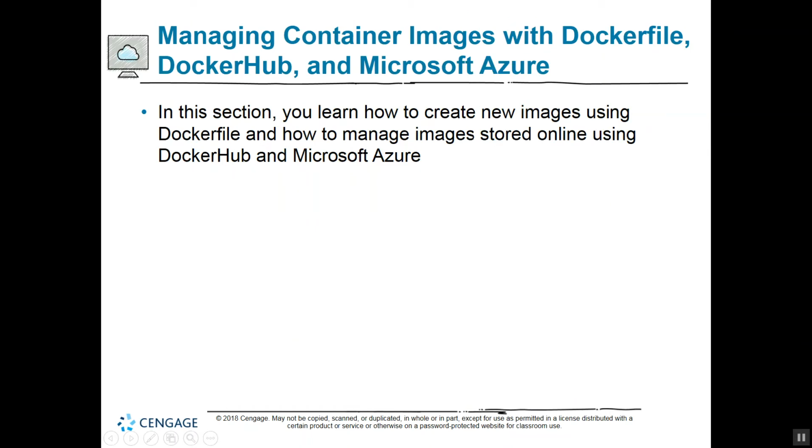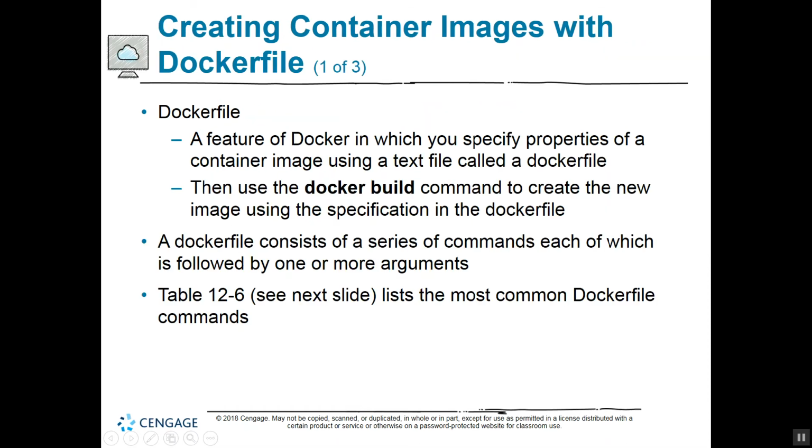We'll talk about Dockerfile, DockerHub, and Microsoft Azure. Now, a Dockerfile is a feature of Docker in which you specify properties of a container image using a text file called a Dockerfile. So it's kind of like, here's the data, it's in the text file, and that'll help with the automated build.